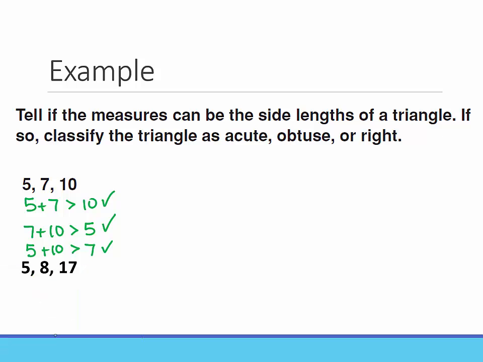Now what we have to do is figure out if it's acute, obtuse, or right. So remember, the biggest one is always your hypotenuse. So we're trying to find the relationship between 5 squared, 7 squared, and 10 squared. If they're exactly equal, it's a right triangle. If c squared is greater, then it's obtuse, and if c squared is less, then it's acute.